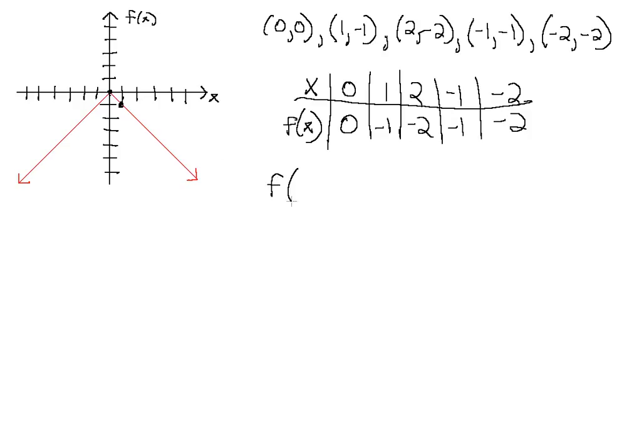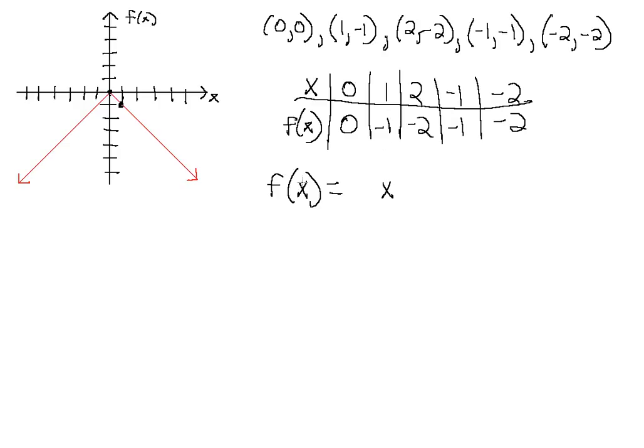So if we want to write our function f of x, we need a general pattern, if you will, of the relationship between x and f of x. Well, it looks like we both have the same number. They're both 0, 0, 1, 1, 2, 2, 1, 1, 2, 2. So it's going to involve some term x that we're going to either take a negative of or do something with.